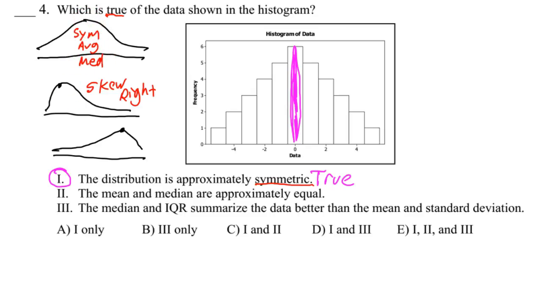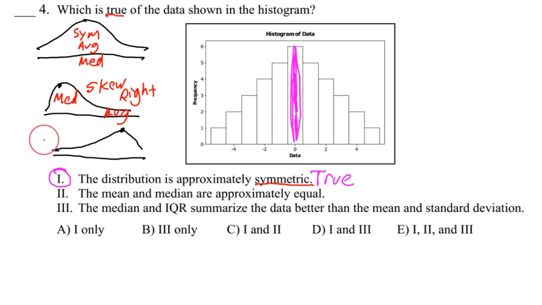For a skew right distribution, what we need to recall is that the average actually goes towards the direction of the tail. So your average goes over here, and your median follows where most of the data is.